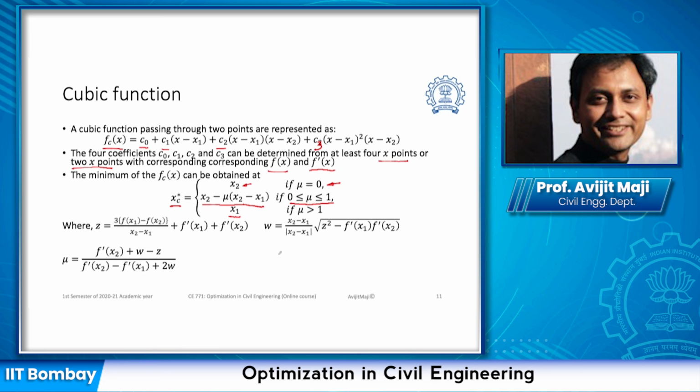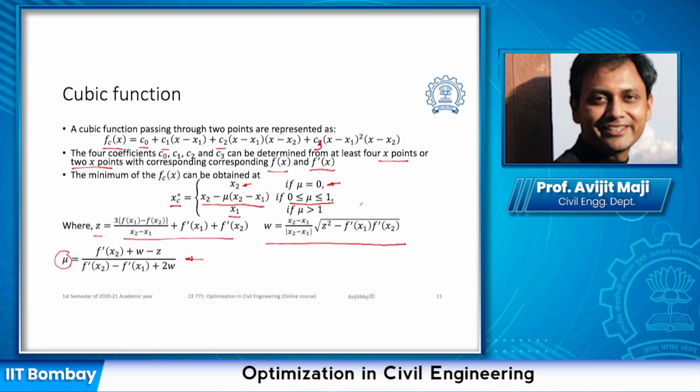So to calculate this mu value, we need to calculate first the z value, and this can be obtained by using this particular formula. Then we need to estimate the w value, which can be estimated by this particular formula, and once we use those in the mu equation which is here, we can obtain the mu value, test it, and see whether it is equal to 0 or whether it is between 0 and 1 or whether it is greater than 1.